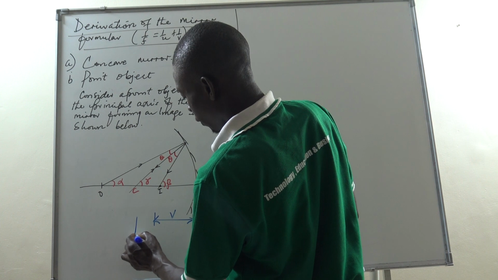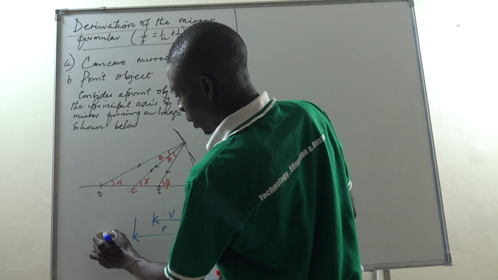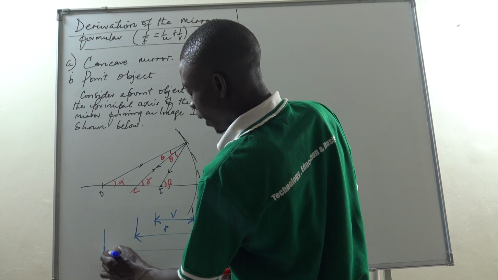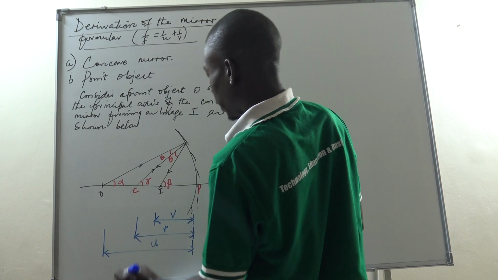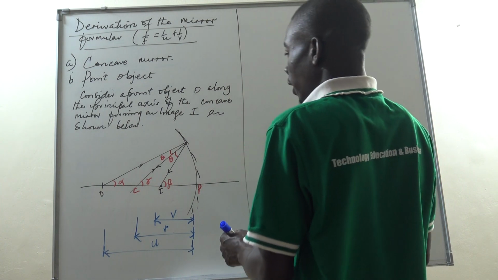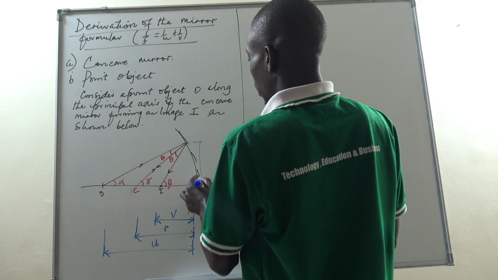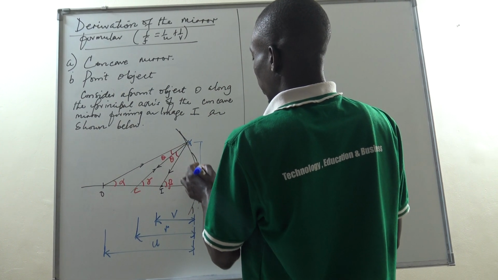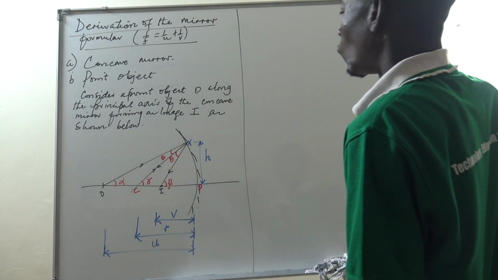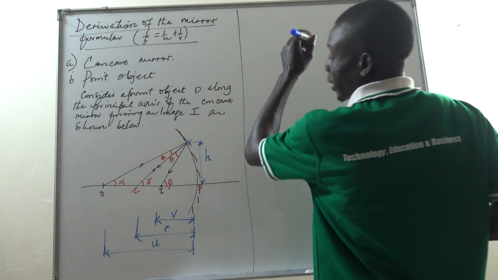I can have this as the radius of curvature, and this as the object distance u. And then I can also have this as my height h as well.